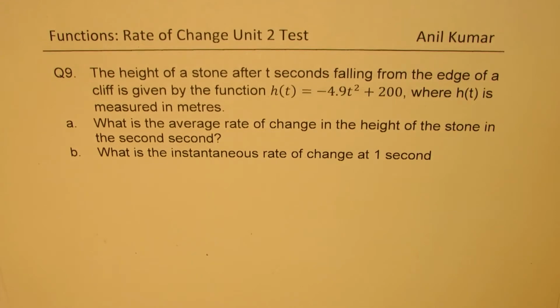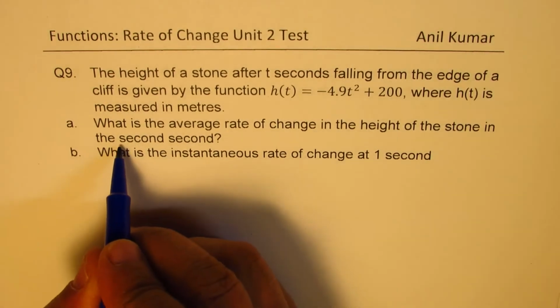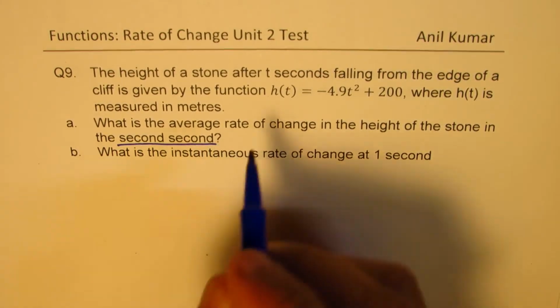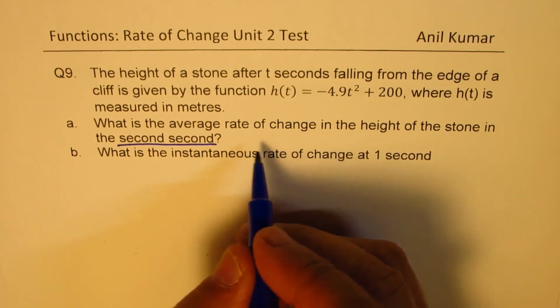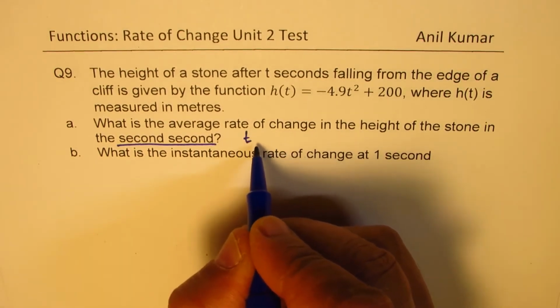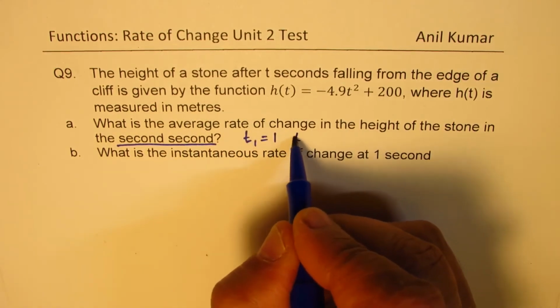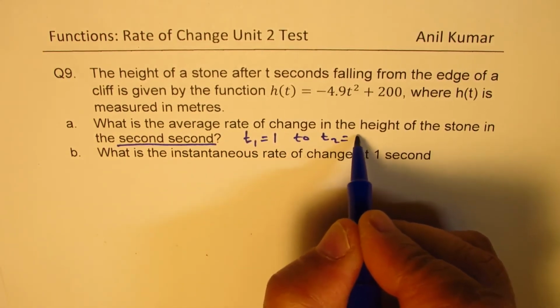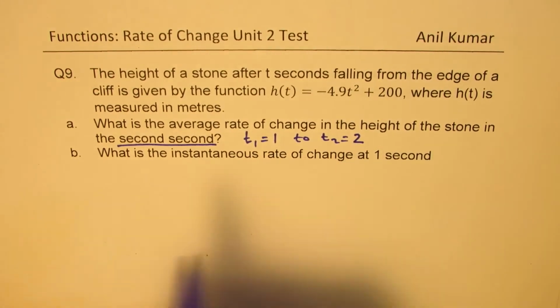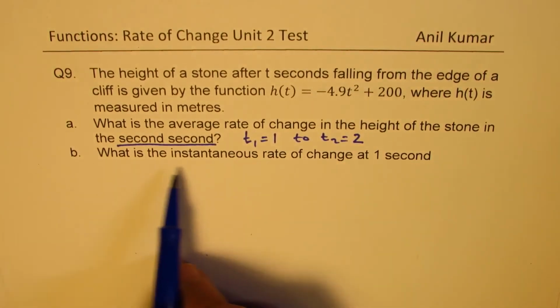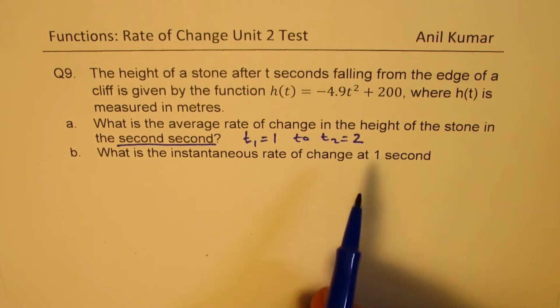Now what does this second mean? So first second is from 0 to 1. That means t1 is 1 to t2 is 2. So that is the second, right? And part B is what is the instantaneous rate of change at 1 second?